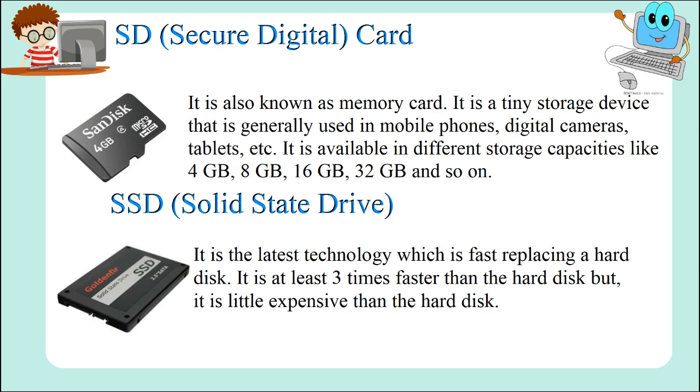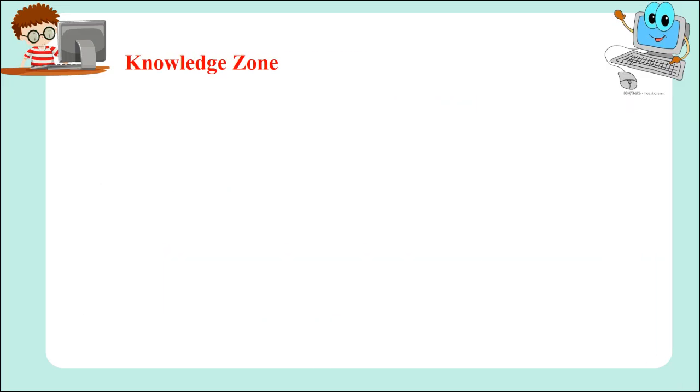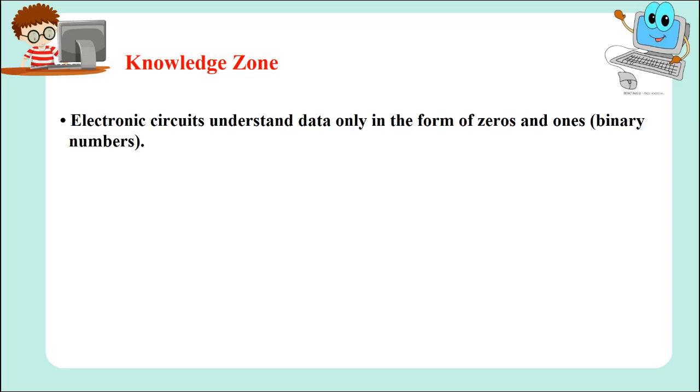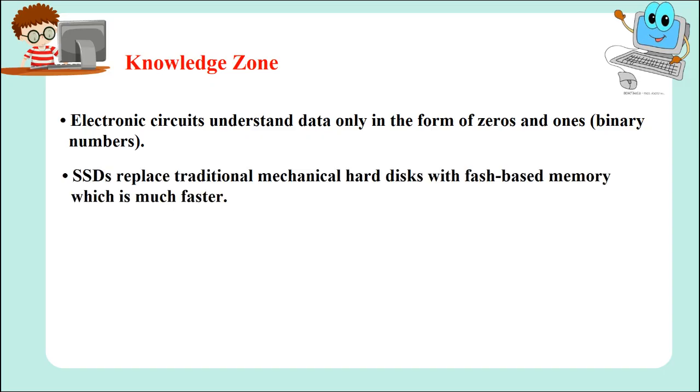It is the latest technology which is fast replacing a hard disk. It is at least 3 times faster than the hard disk, but it is a little more expensive than the hard disk. Knowledge zone. Electronic circuits understand data only in the form of zeros and ones, binary numbers. SSDs replace traditional mechanical hard disks with flash-based memory, which is much faster.